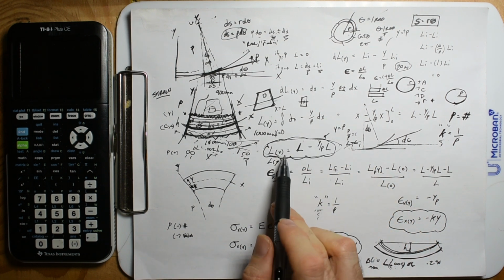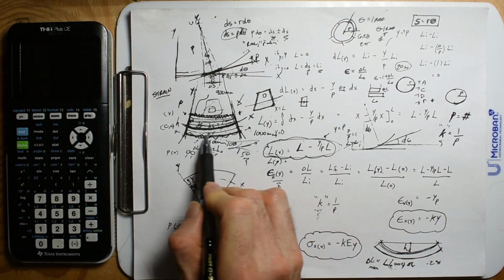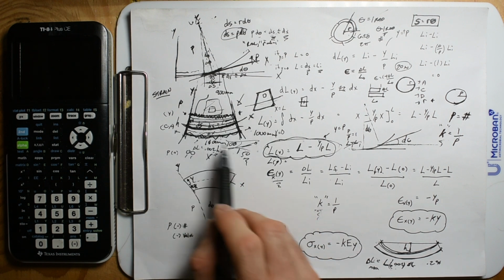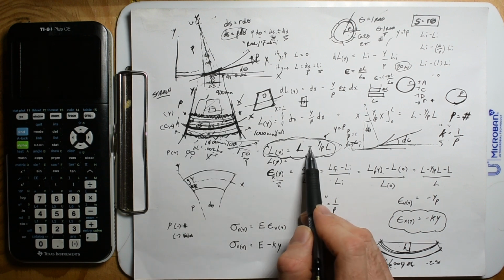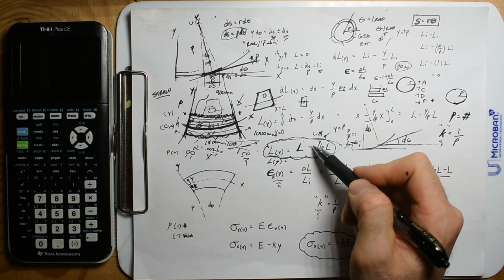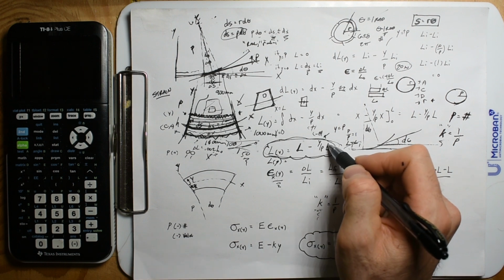And I can even throw in negative values for y, because the length is going to increase. The length here is going to be more than the initial length, so we have length initial minus a negative y value. That turns into an addition, length plus an additional length.